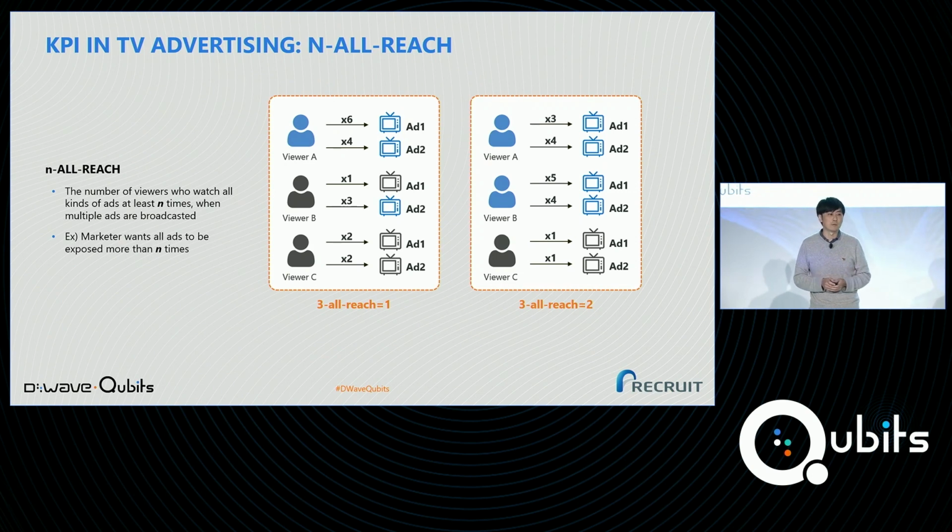For example, if I want to promote some product, and the product has multiple features, in that case, I can create two advertisements. One introduces one feature of the product, and the other introduces the other features of the product. So I want to show all advertising to the viewers.